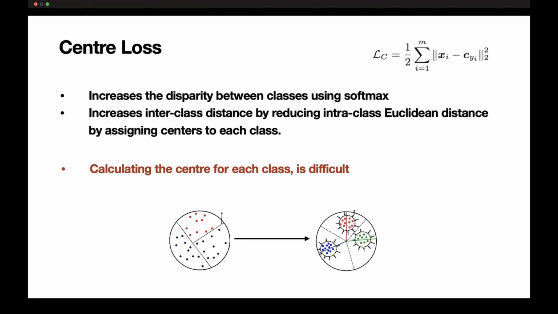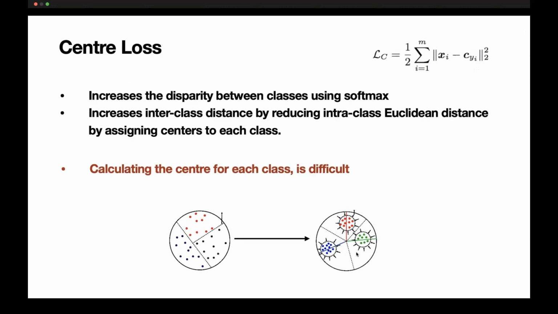One very intuitive contrastive loss is the center loss, which is very similar to clustering, in which you have one center. Even in the loss formula over here, C_y_i is the center. We are basically trying to group these points in such a way that the points are closer to the center for that particular cluster and away from the other clusters.